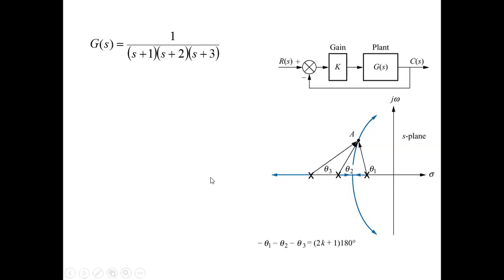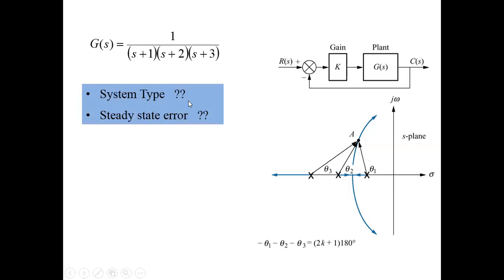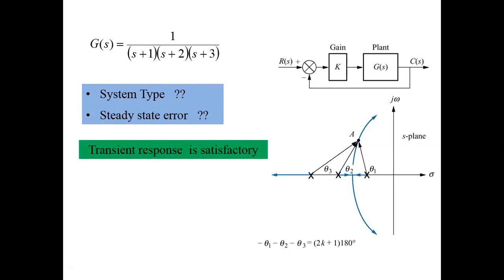If we simply adjust the gain, the steady state error will not be reduced. The reason is that this is a type 0 system. We have no integrator in this system, so steady state error will be present.